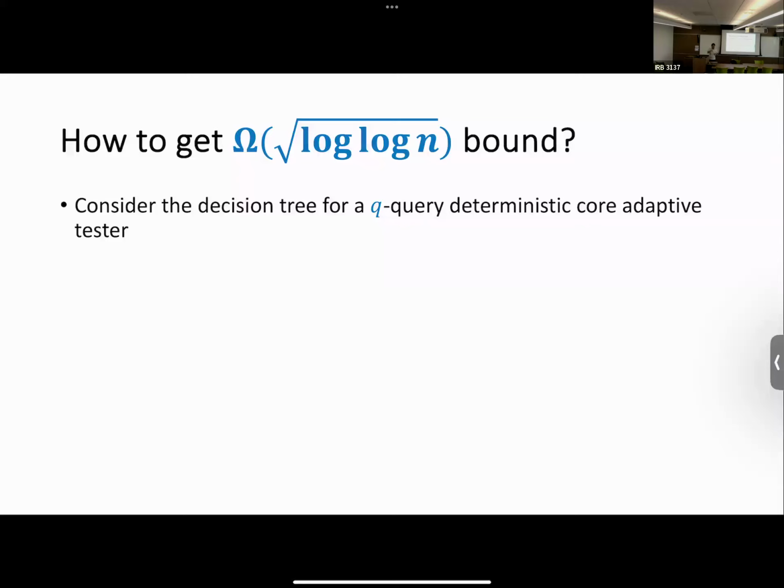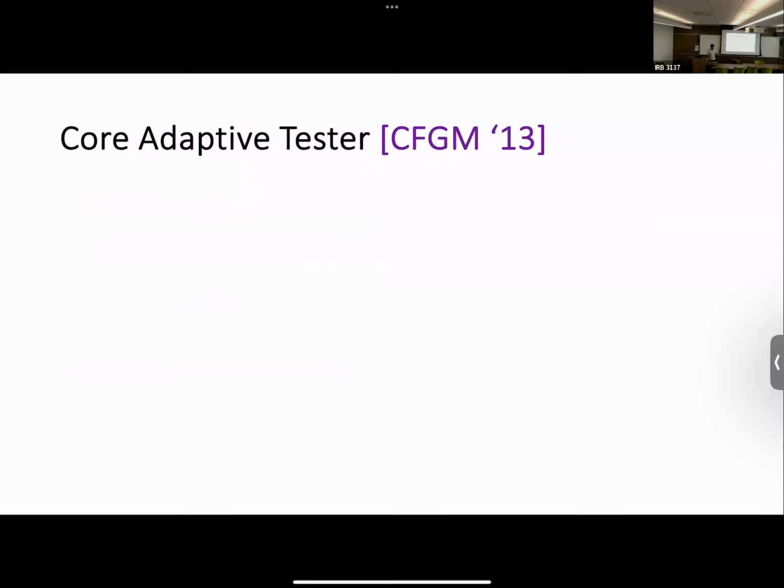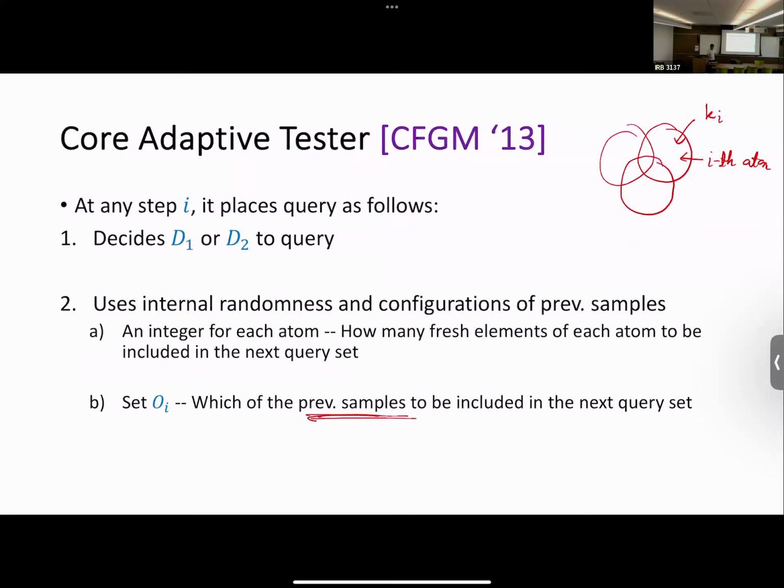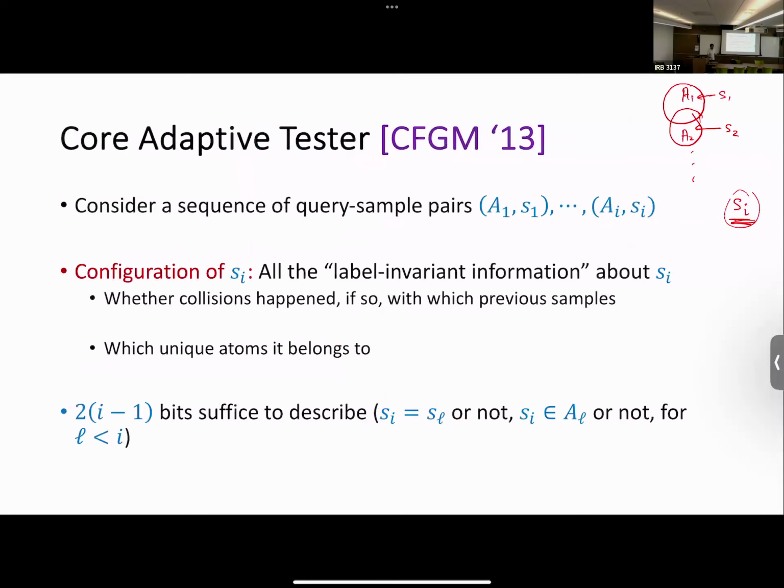But now, since the height of the decision tree is Q, because this is a Q query decision tree, if you look into this description, you will see that what matters is essentially the configuration. For each node, what will be the next query? That only depends on the current configuration, given all the previous nodes, we know the path up to this height.